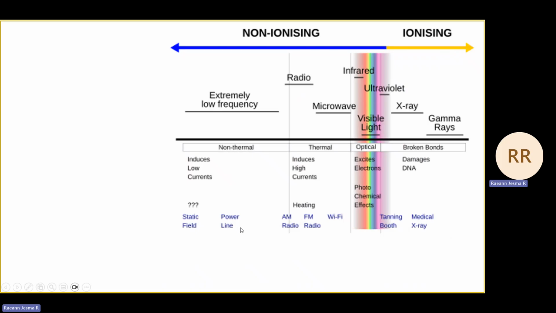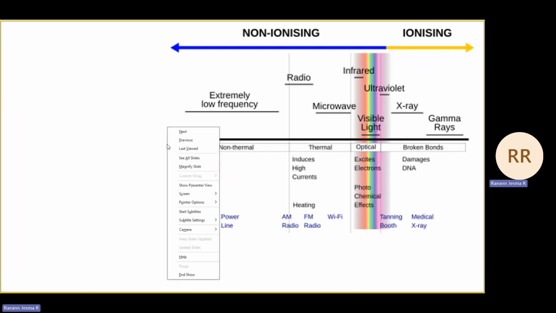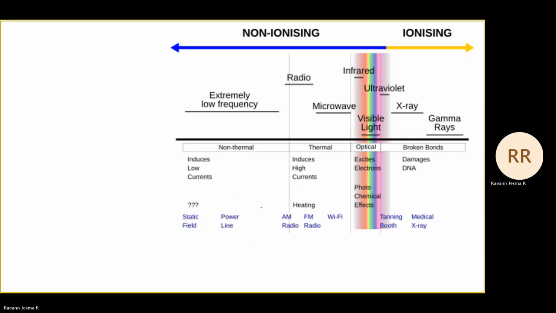So how are we doing the tissue ablation? The first thing is that we are using RF. We know that we are using RF waves, right? At the RF frequency we are passing electrical current through the tissue.